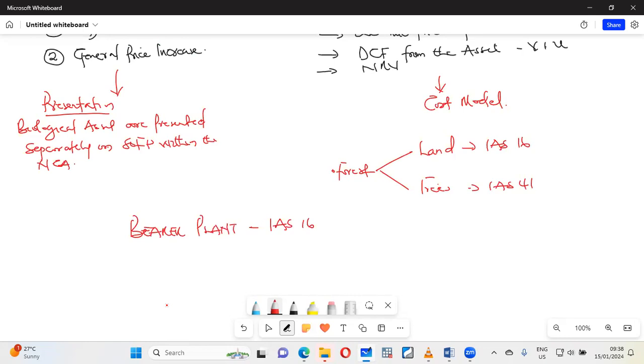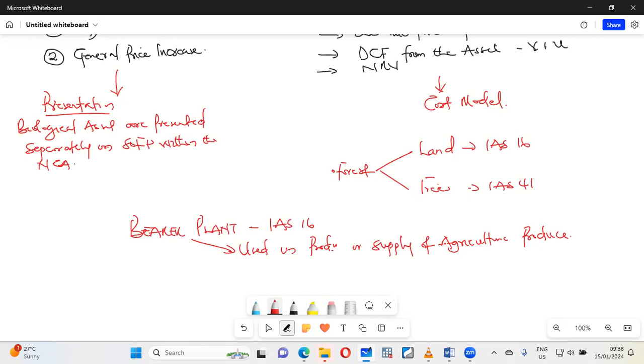Now, a bearer plant is a plant that is used in the production or supply of agricultural produce. There is a very thin line in there, so you have to be very, very careful.